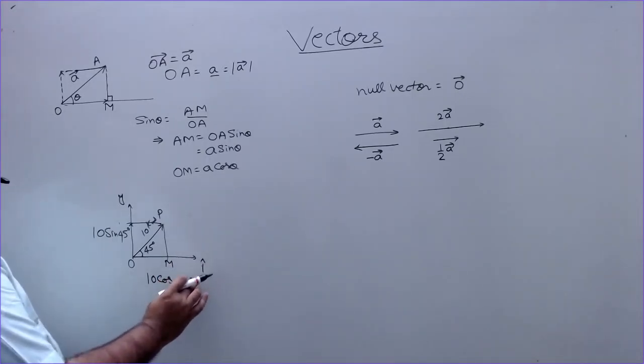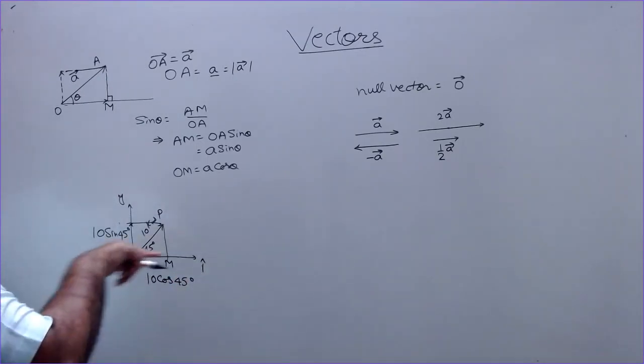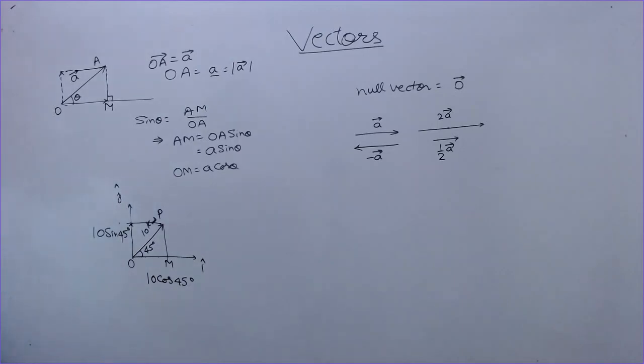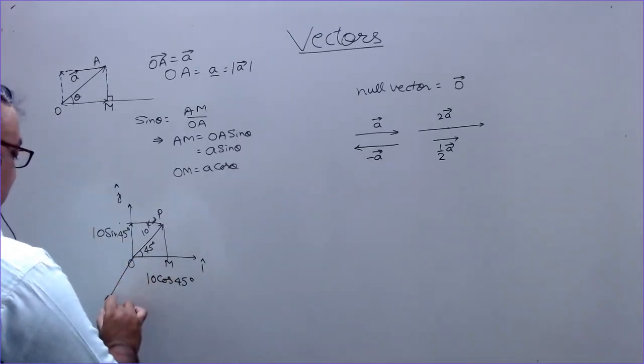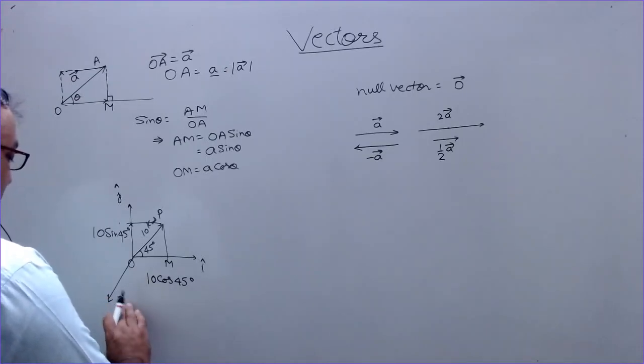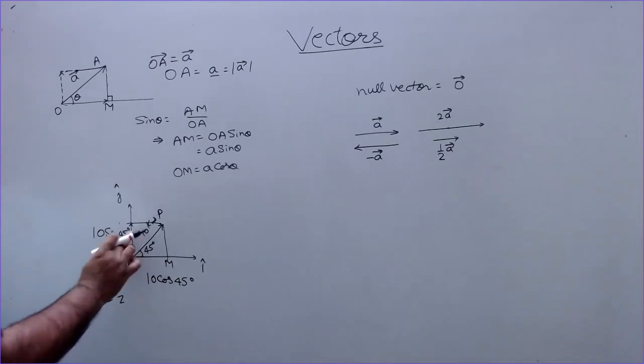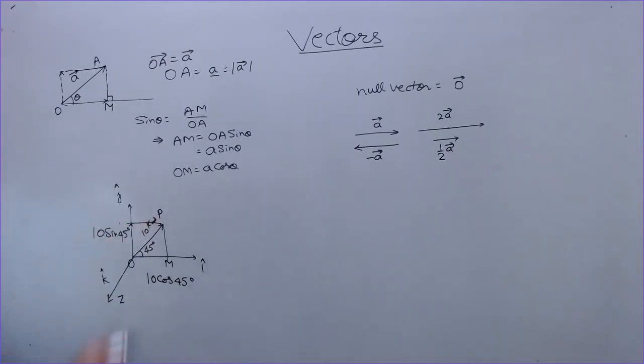The magnitude of i is 1 and the direction is along the x-axis, and a unit vector j along the y-axis. Similarly, if I have the third axis, the z-axis, along this direction we have the unit vector k. So I have resolved this vector into two components only.